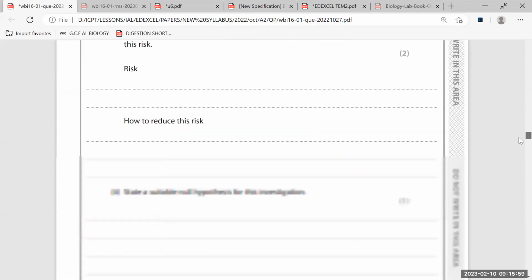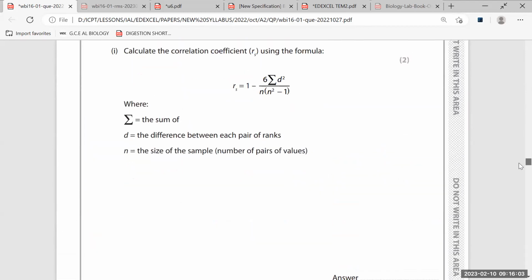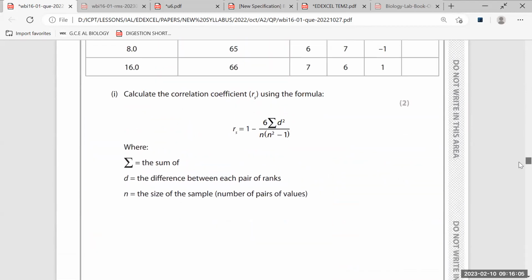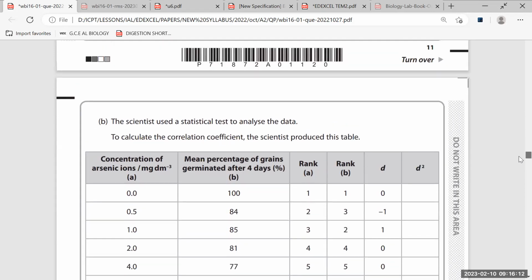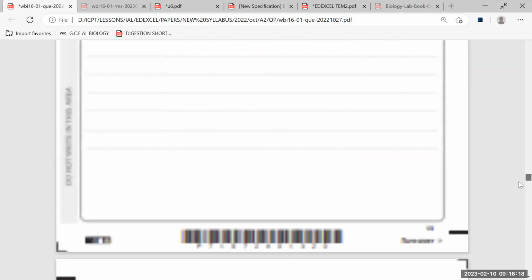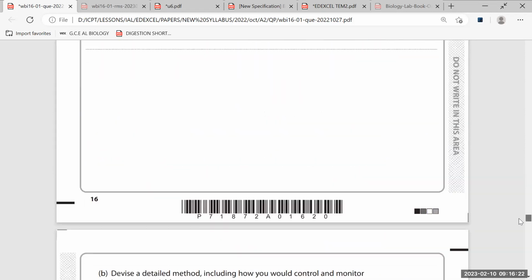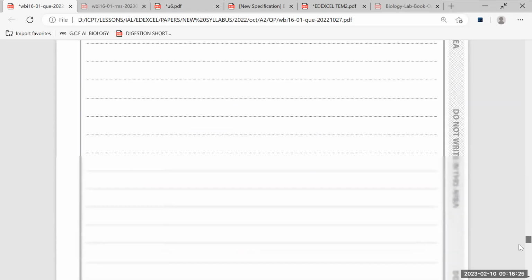The third question is based on statistics. For example, calculate the correlation coefficient using the formula. So we have to use this correlation test to understand and write answers. And the fourth question is a detailed experimental method.